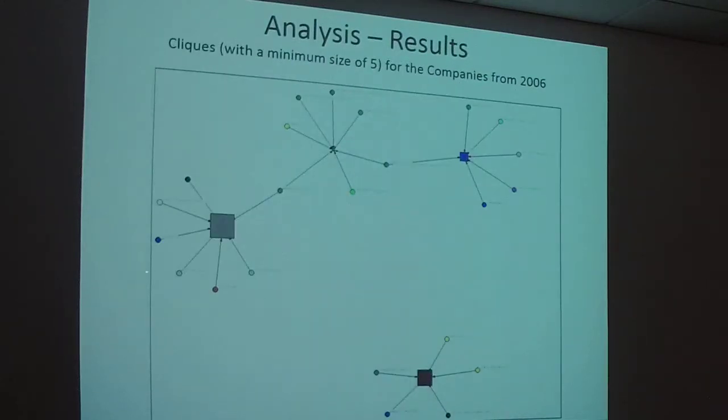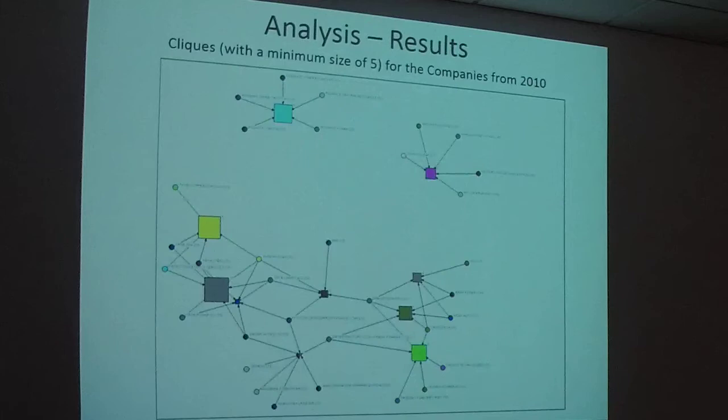A little hard to see, so I'll read it. But this is the clique of the Tata companies, and it's connected to this other clique, which is some other companies. As we go into the 2010 time frame, we can see Tata actually has now two separate cliques that are mostly Tata companies, and there are these other companies that have connected to them as well.